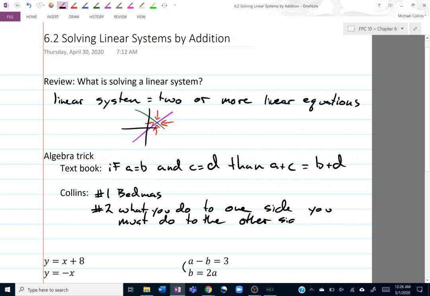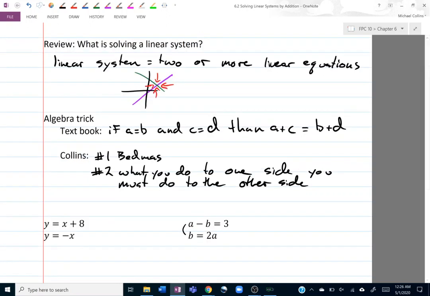And that just means that your equation stays balanced the whole time. If you did one thing to one side and something different to the other side, it would no longer be the same equation. But as long as you do the same thing to both sides, it's still the same equation. It's just a different way of writing the same equation.